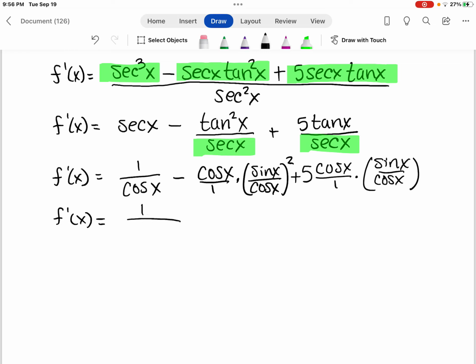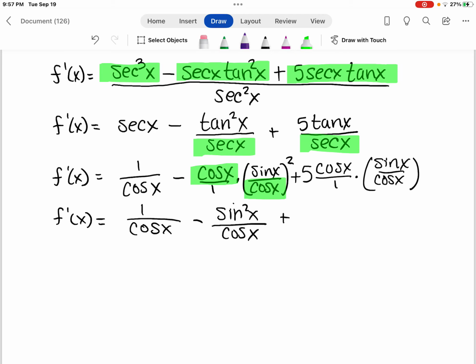All right, so I have 1 over cosine x. This cosine x here will cancel with one of these downstairs. Remember, that cosine in the denominator is actually squared, so I have 2 of them. So I can cross off 1 from the top and the bottom, and that's going to leave me with a sine squared on top over 1 cosine in the denominator.